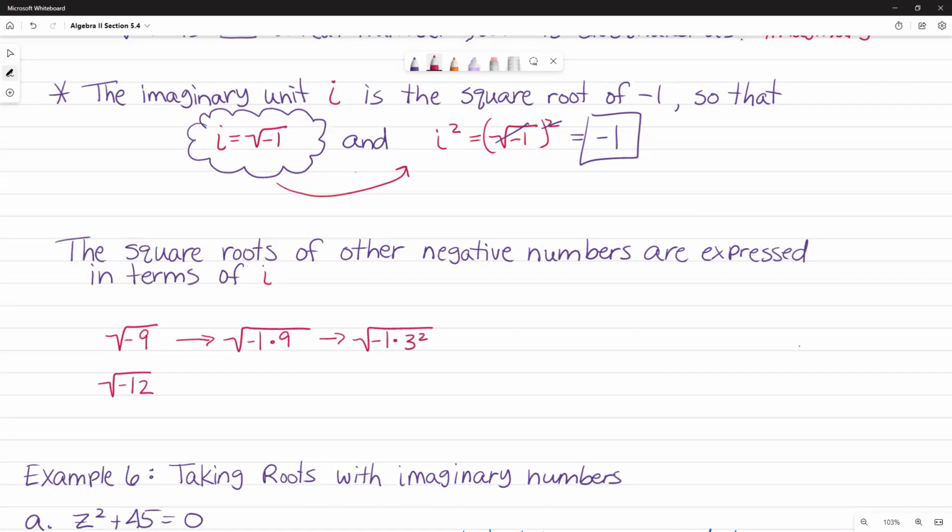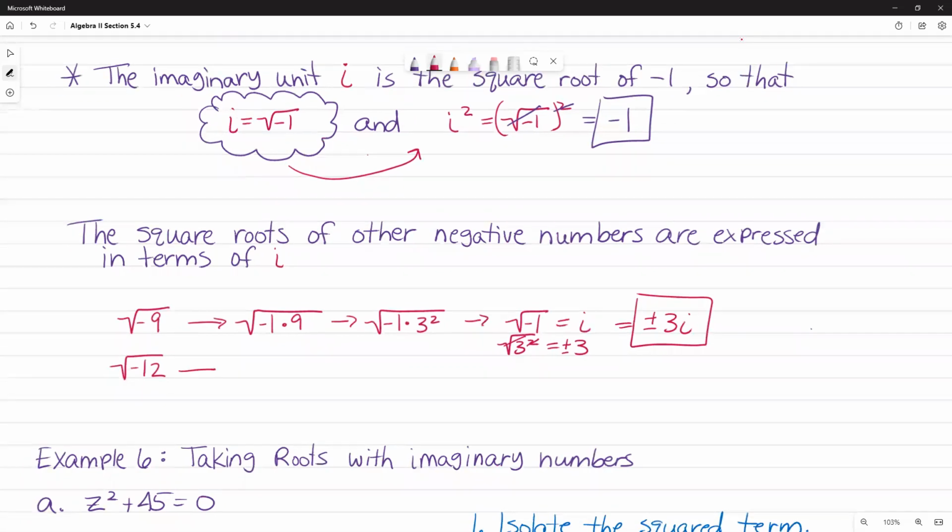So we have the square root of negative 1 times 3 squared. I know that the square root of negative 1 equals i, and the square root of 3 squared, those cancel out and it becomes 3. So the square root of negative 9 is plus or minus 3i.